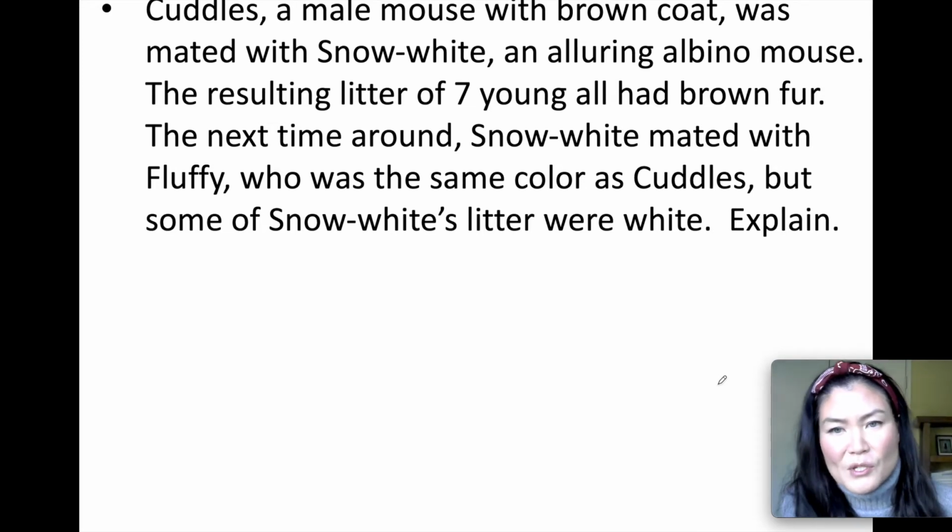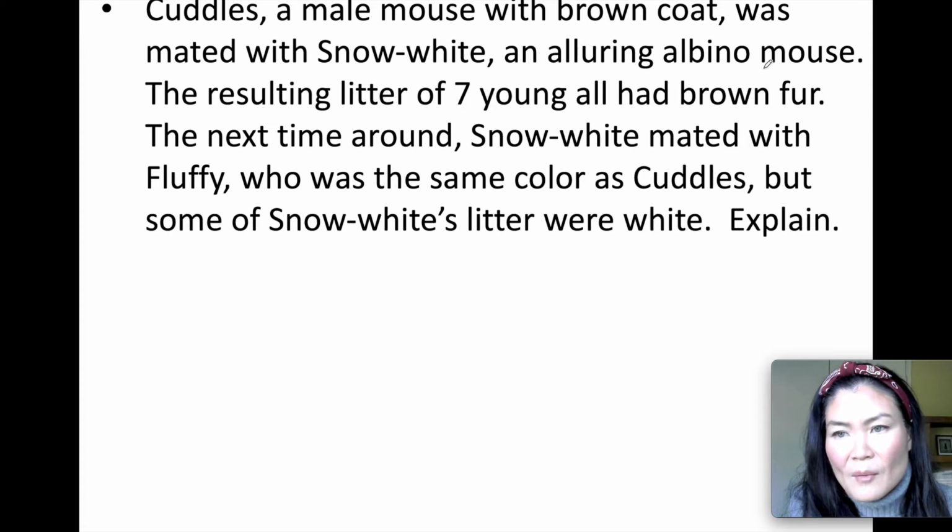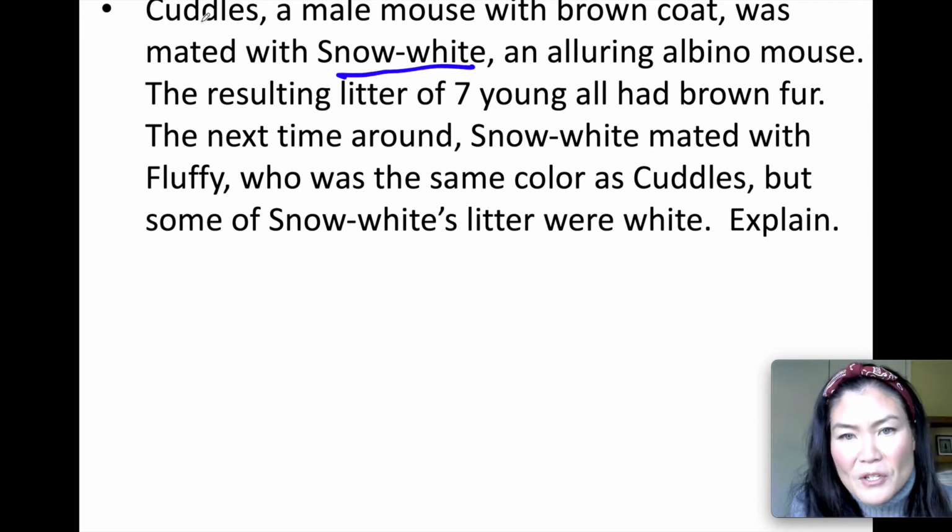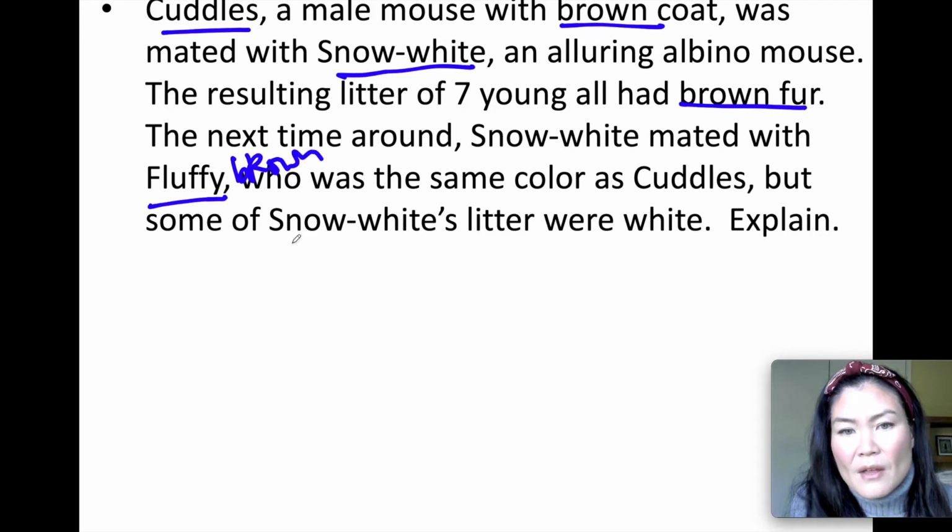So Snow White is white, and when she's mated with Cuddles, who is brown, they have seven young, all brown. But when she's mated with Fluffy, who is also brown, some of the litter were white.